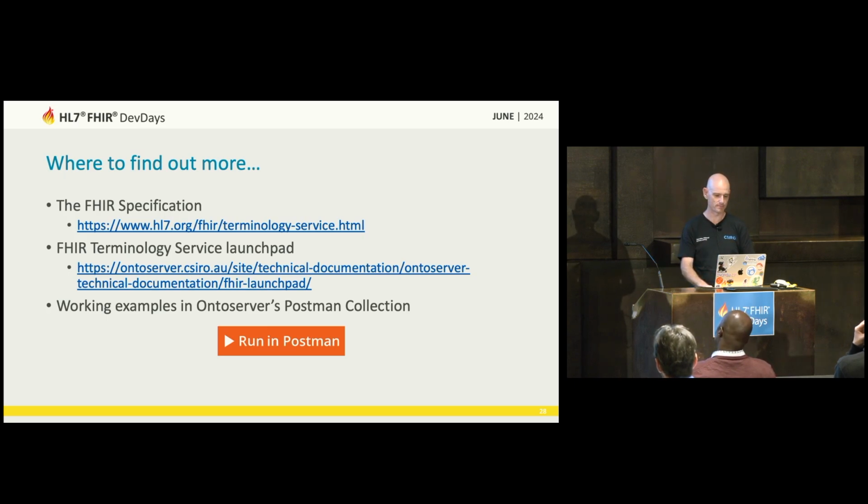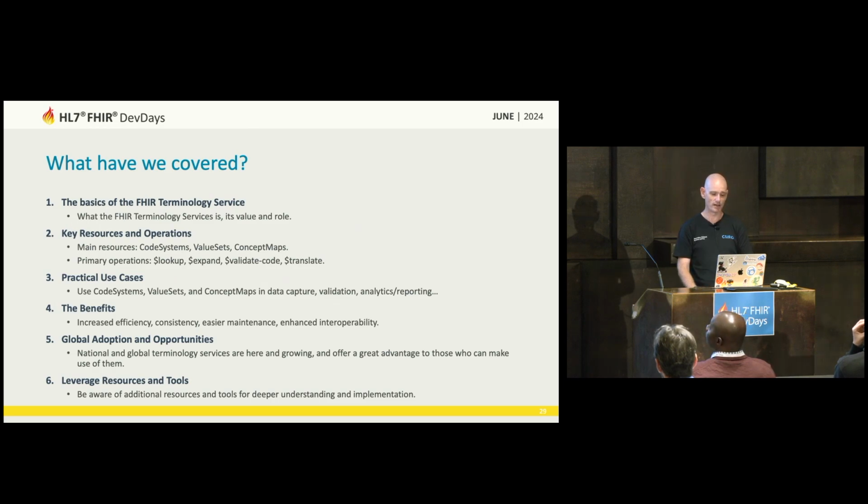So wrapping up, what we've covered is we've talked about the FHIR Terminology Service, and hopefully you've got a better understanding of what it is and what its value and role is. We talked through the key resources and operations, so CodeSystem, ValueSet, ConceptMap, lookup, expand, validate code, and translate are the main things to take away. Been through a few practical use cases on where you would use it and how you would use it.